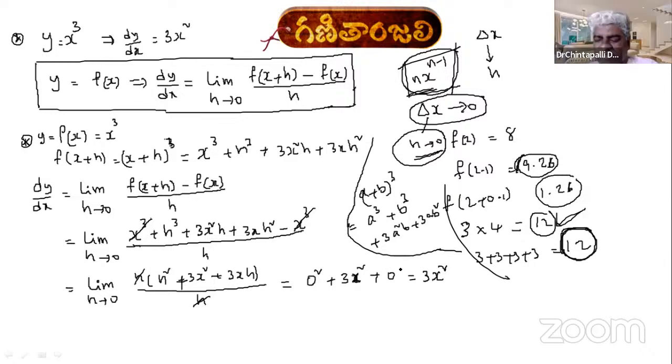It is 3x square. That's why the answer is 3x square.